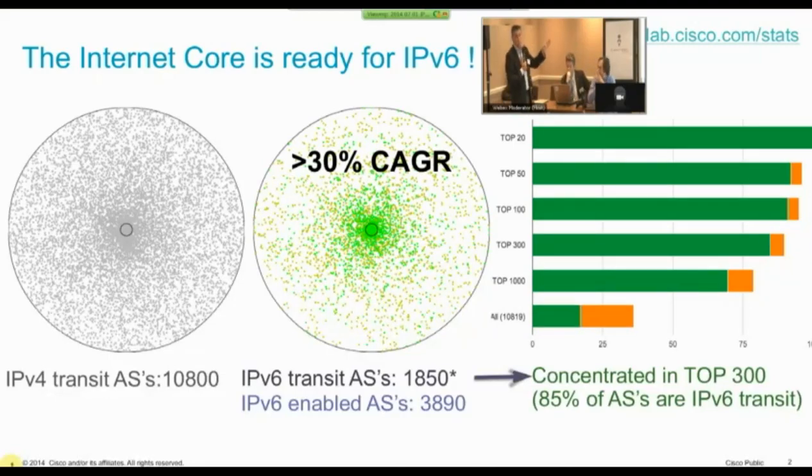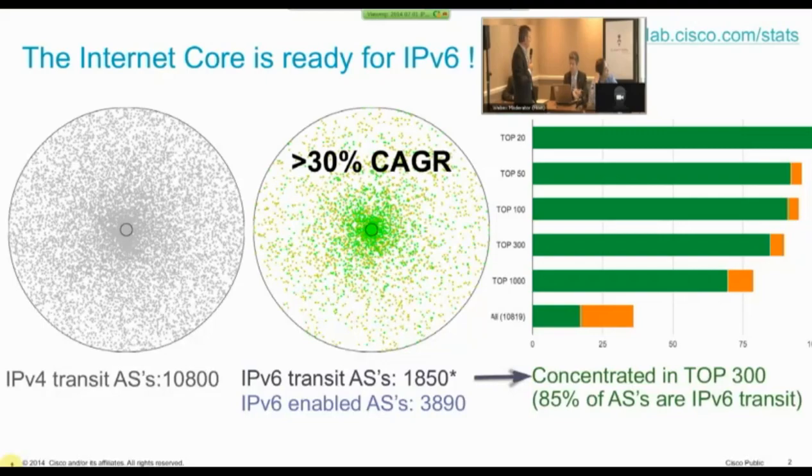Among those 10,000 transit ASs, 1,850 are providing transit service for IPv6, and 3,890 do have IPv6 enabled, but are not providing transit service yet. And the reason why we know that is because we don't find their AS number in the AS path of anybody, right?